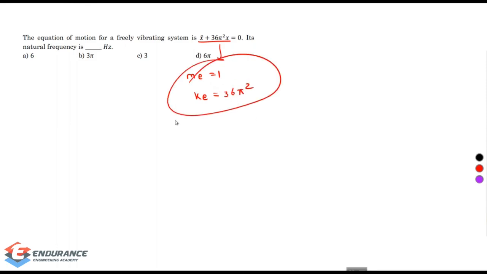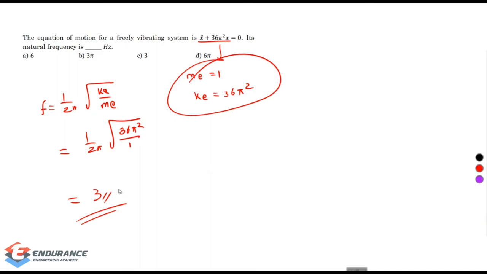The natural frequency in hertz is 1 by 2 pi root of ke by me, that is omega n by 2 pi. So 1 by 2 pi root of 36 pi square by 1, which is 6 pi by 2 pi. Pi gets cancelled, it becomes 3.